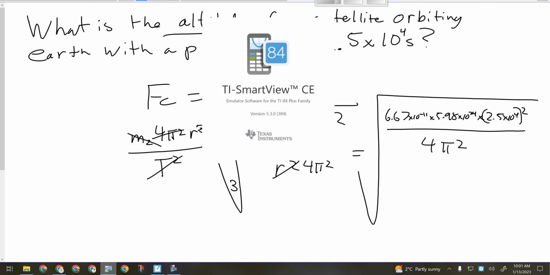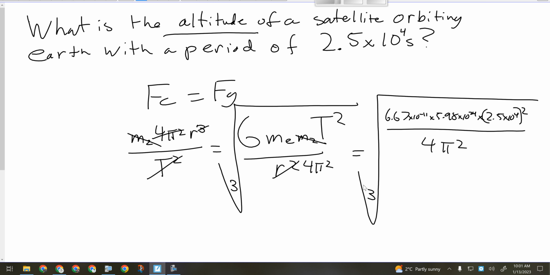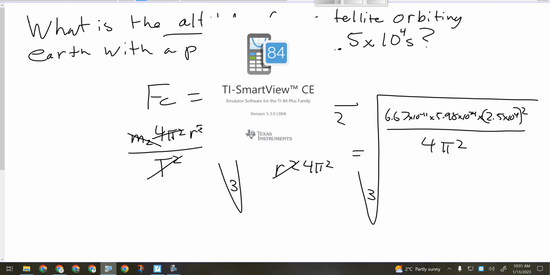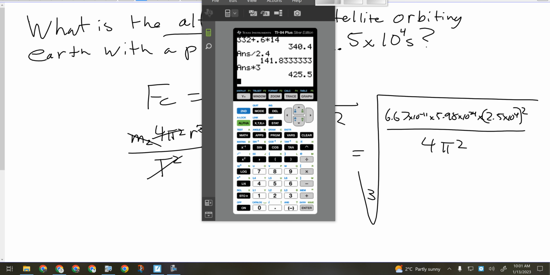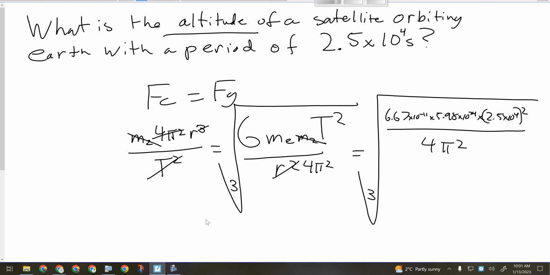And that's cube rooted. How come cube rooted? Because R is cubed. Like I multiplied R squared over to here. R squared times R is R cubed. Is that okay?